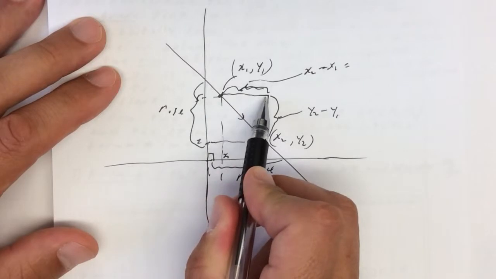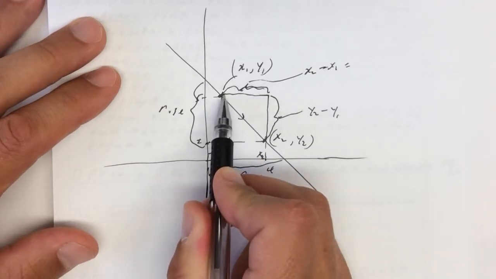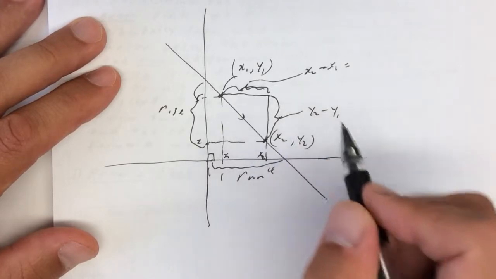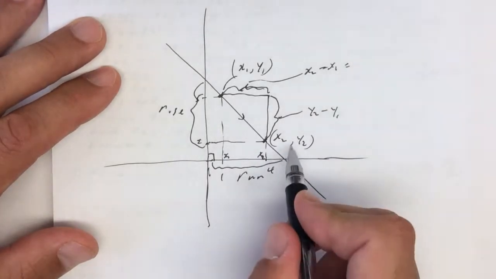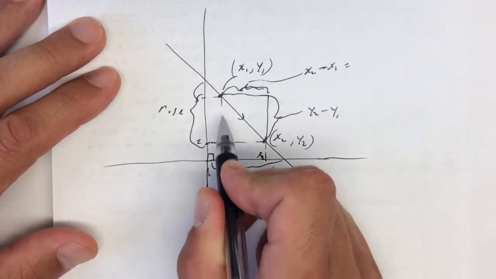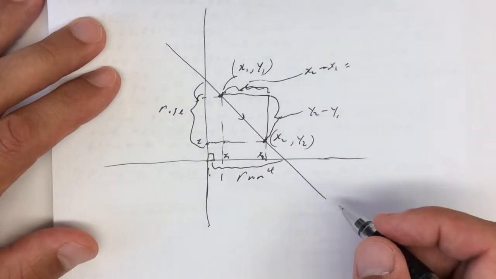And that's appropriate because you're going forward 3, so a positive run and a negative rise. Now, if you're going from this point to that point, then you would be going backwards. So you'd be going a negative run and then a positive rise. It will all sort itself out.